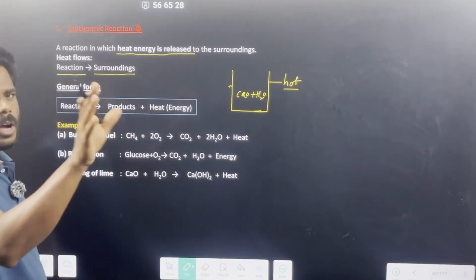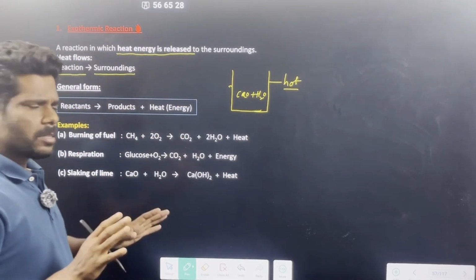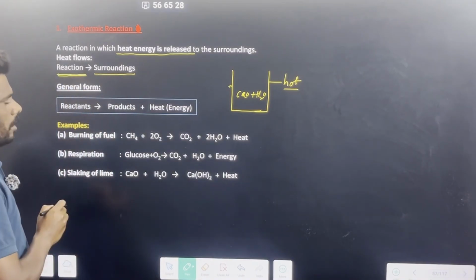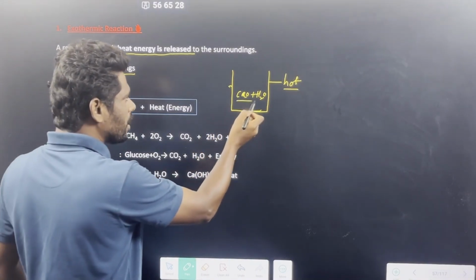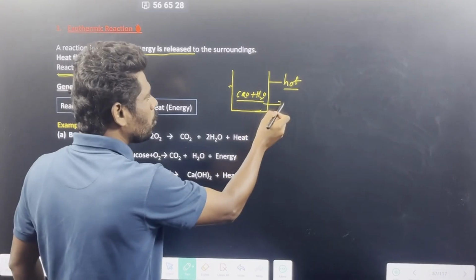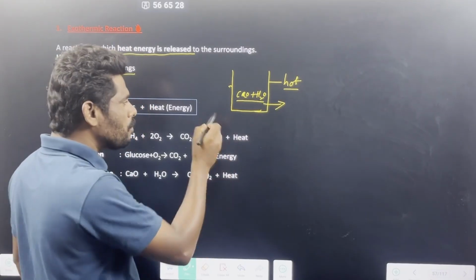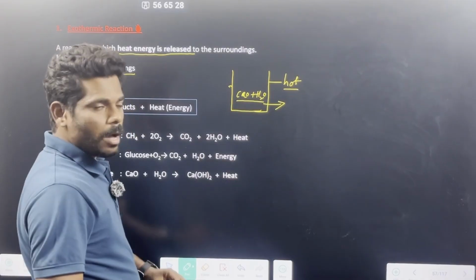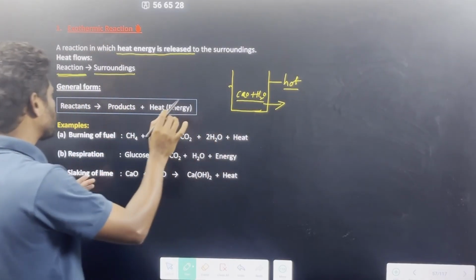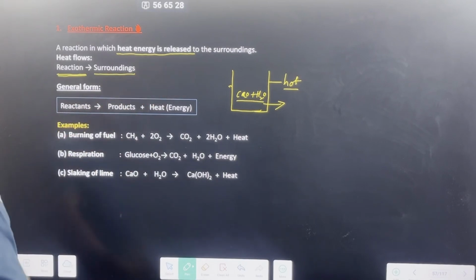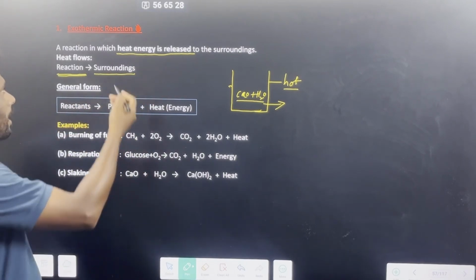The container becomes hot. Why does the container become hot? Because heat is liberated from this reaction mixture to surroundings. Since heat is produced, liberated, we felt the container has become hot. So that is the simplest principle. From reaction mixture, if heat is sent to surroundings, that is called an exothermic reaction.